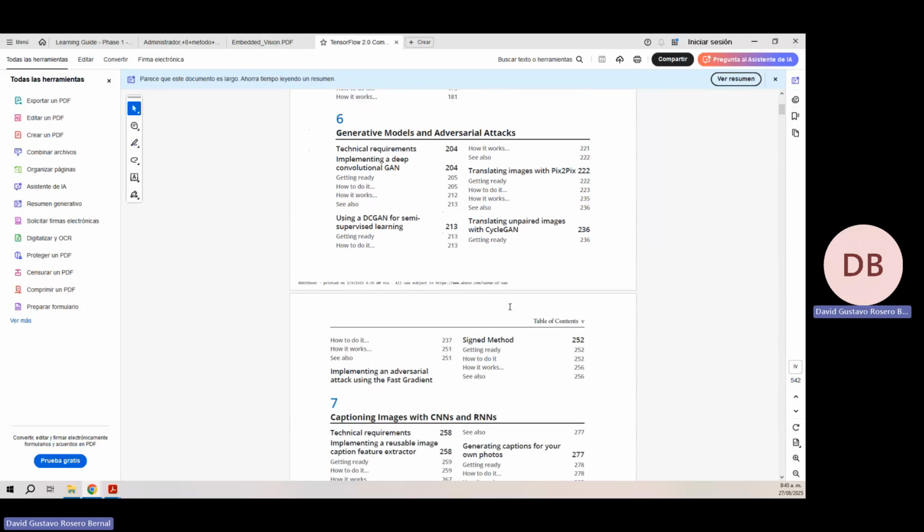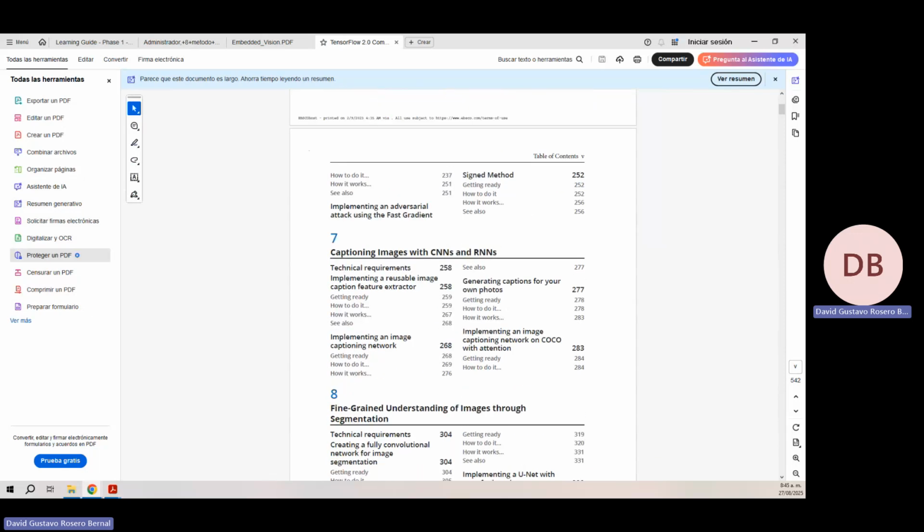What we have for real-life applications, real-world applications. Martínez highlights how deep learning expands the frontier of computer vision. Autonomous driving: real-time detection of cars, traffic lights, lanes, and pedestrians.